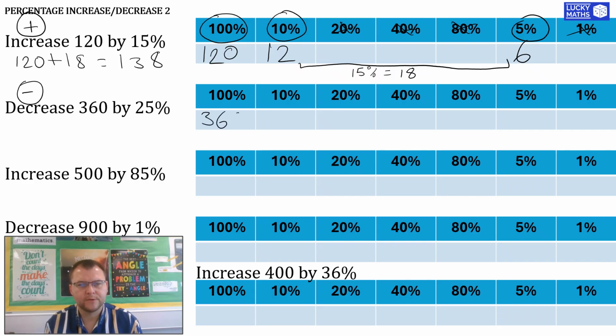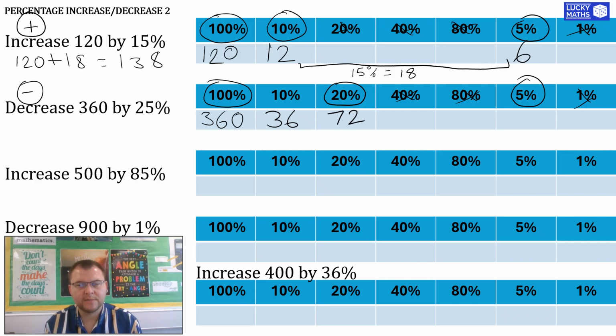Example 2, start with 360, so it's our starting value, and we're going to be taking away 25%. So again, no need to work out some of these boxes. 360 divided by 10, 36, double it to get 20%, that's 72.